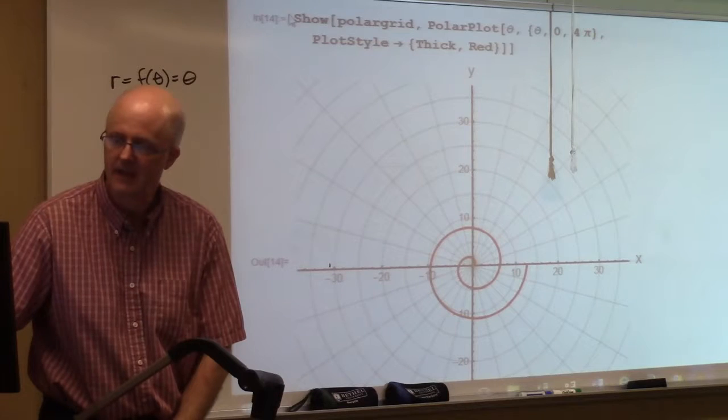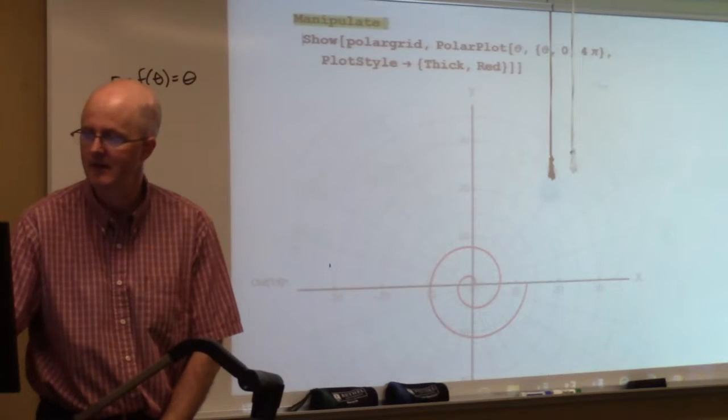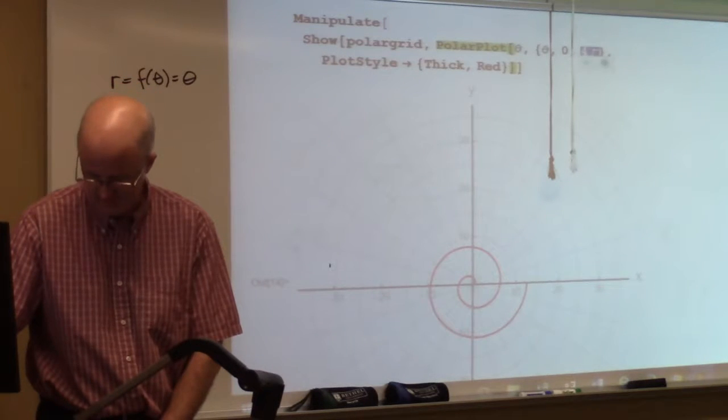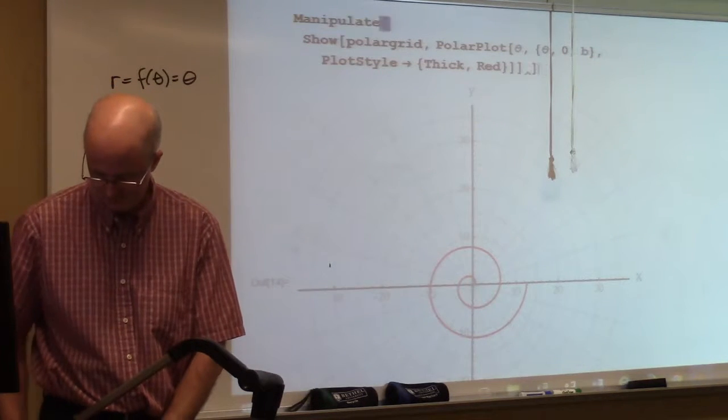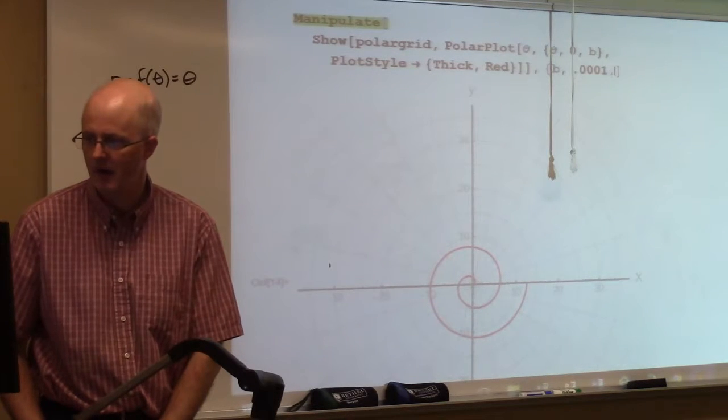And you can, in fact, think of it as a motion if you like. You manipulate here. I can make the right-hand endpoint of the theta interval be b, and let b go from just barely bigger than 0 up to 4 pi.